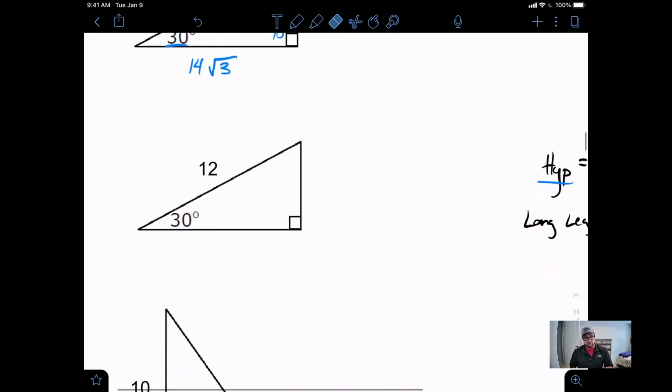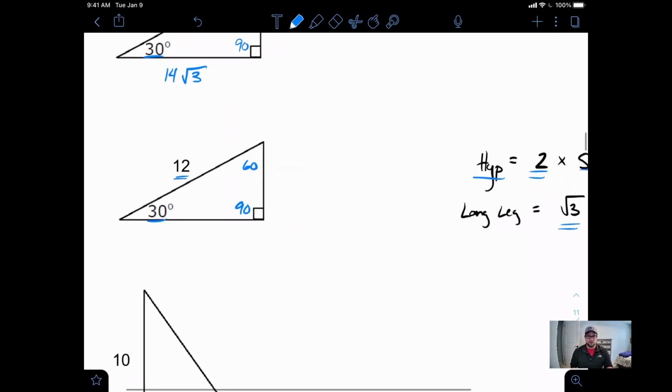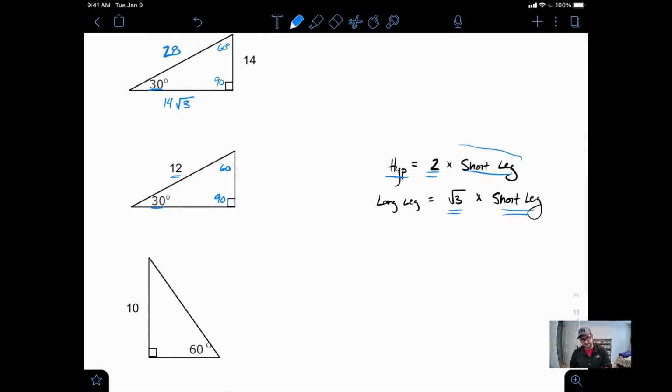In this one, we know it's a 30, 60, 90 triangle, because if this is 30 and this is 90, then this has to be 60. And we already know our hypotenuse. Now, since everything goes through the short leg, we're going to use our formula that talks about the hypotenuse to figure out what the short leg's length is.